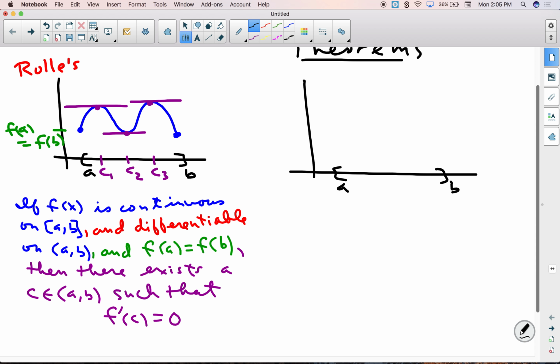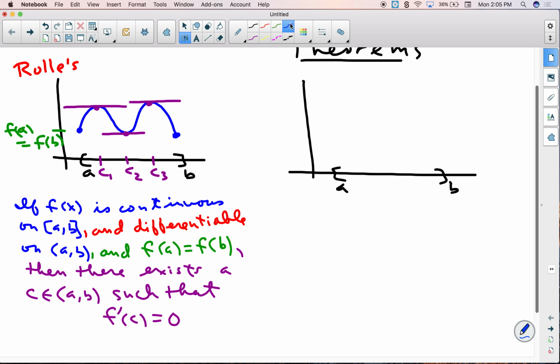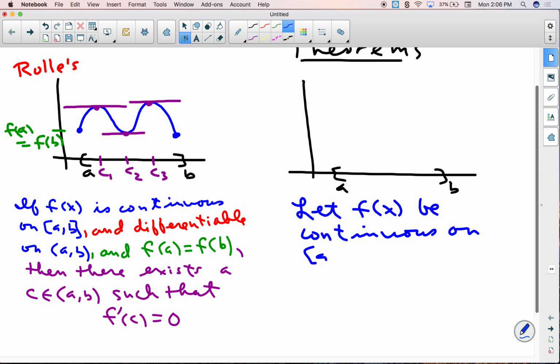So let f be continuous on the closed interval a to b, and again differentiable. Hope you can read that.